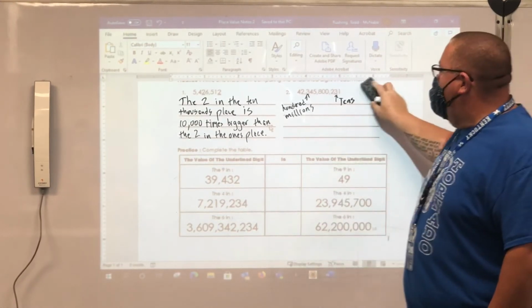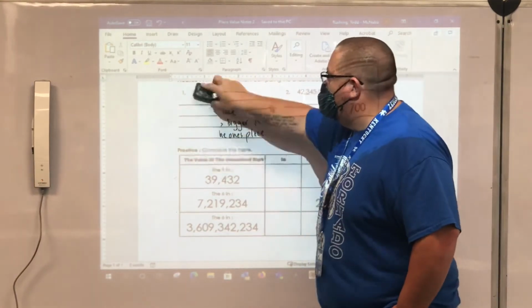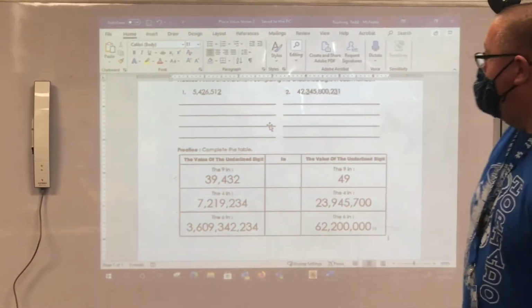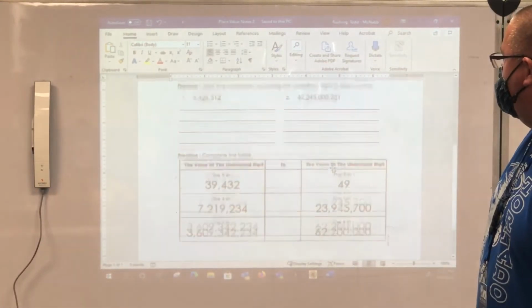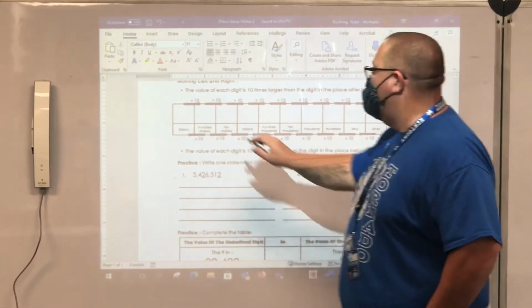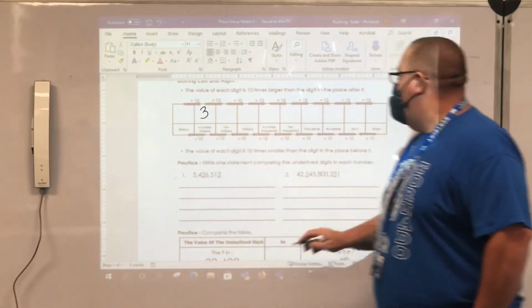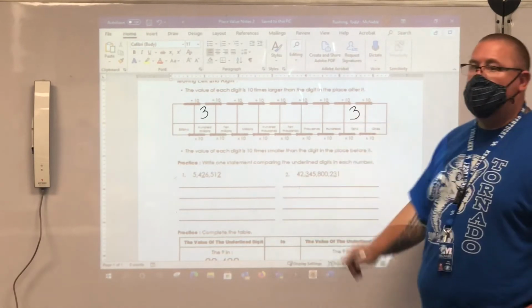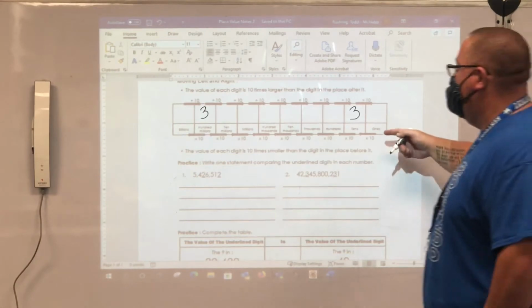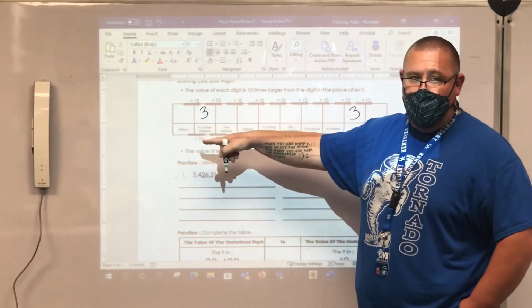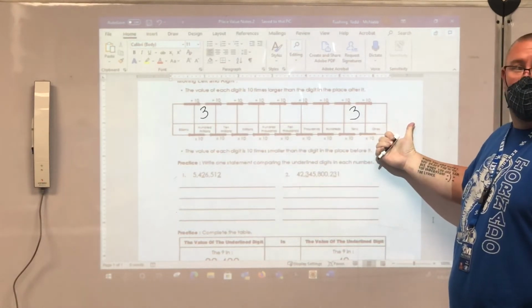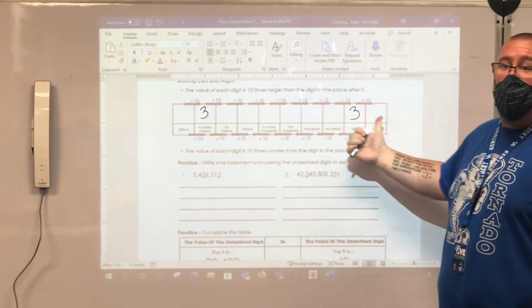So I'm going to scroll back up. I'm going to erase this for us. We have the tens place and the 100 millions place. So we have a 3 here, and we have a 3 in this place here. Instead of moving this direction to make it larger, we're going to move this direction and make it smaller.